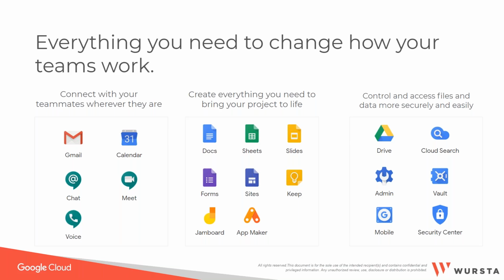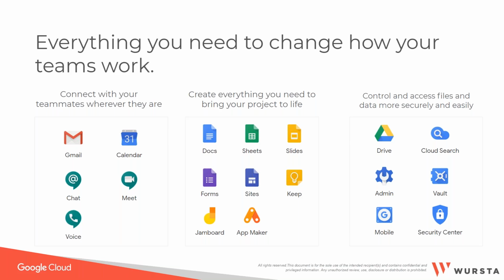Just a few examples here that you can see on this slide are things like Google Forms, which you can use for questionnaires, and Google Sites, which we'll take a look at a bit later in the slides, but Sites can be used to create employee portals or repositories for information.